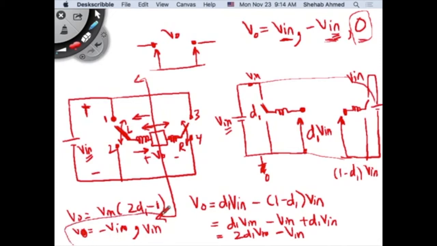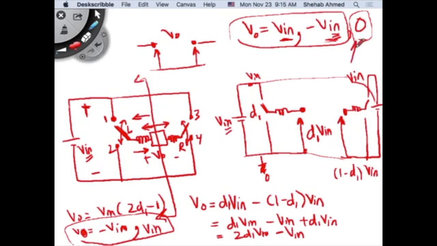So my V output will range between minus V in to V in, depending on the duty ratio, which confirms what we were talking about here with this flipping business. Right? So you can now derive it easily, and we can do this for the half. So this is called the full bridge converter. The range of output voltage for the full bridge inverter is minus V input to V input, right? That's because I chose these to be complementary, right?